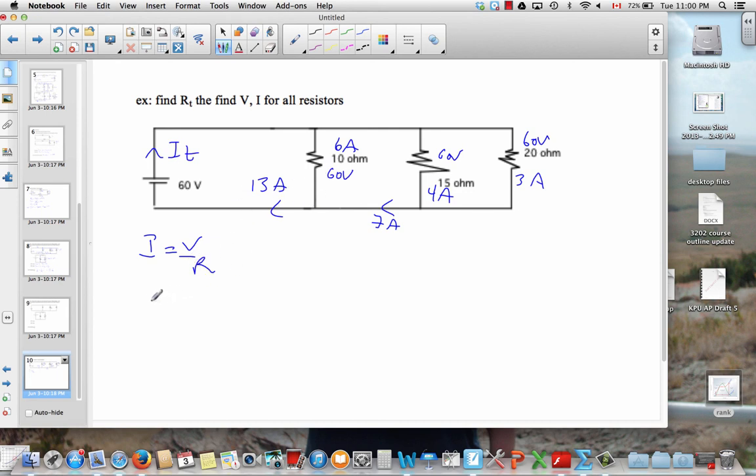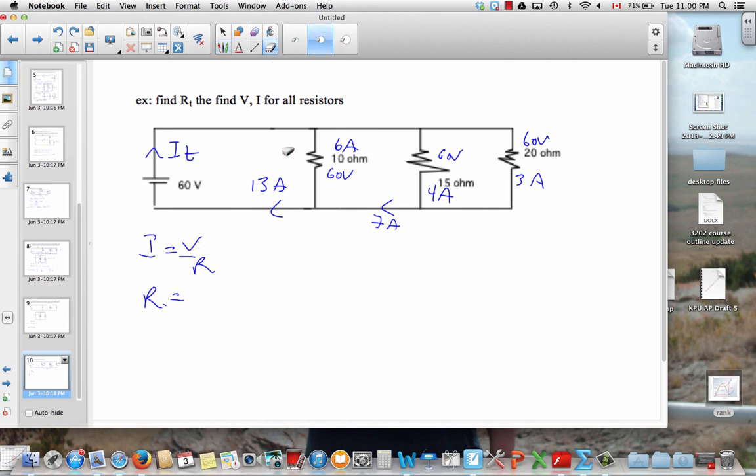Now, given that the total voltage is 60 and the total current is 13, one other way to arrive at that total current of 13 amps is to consider what the total resistance would be.